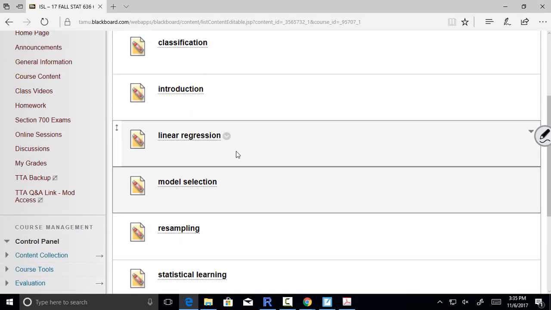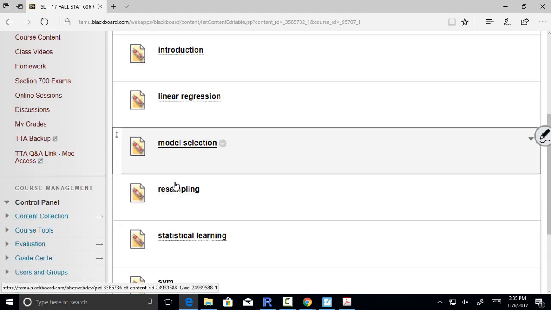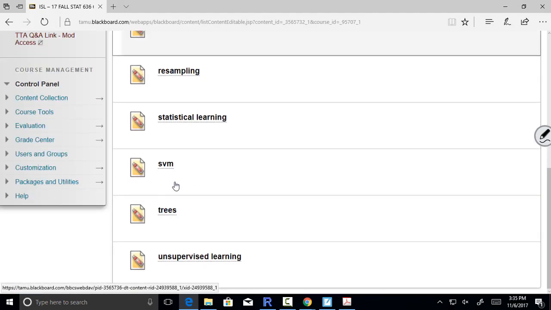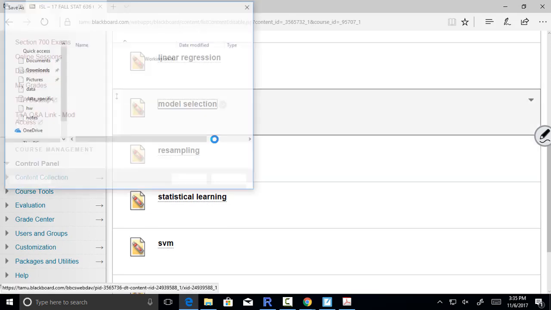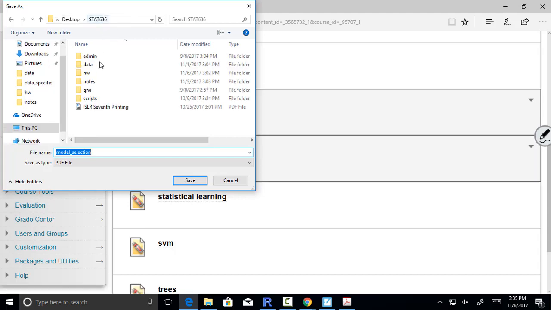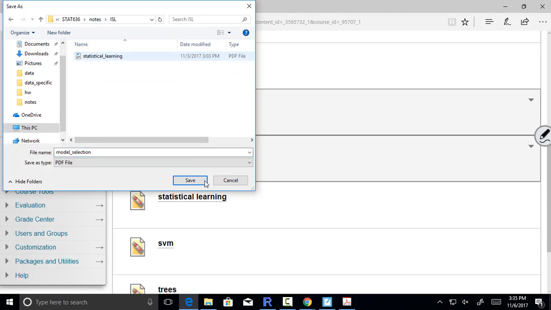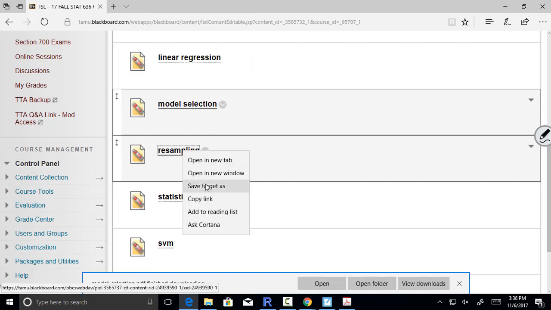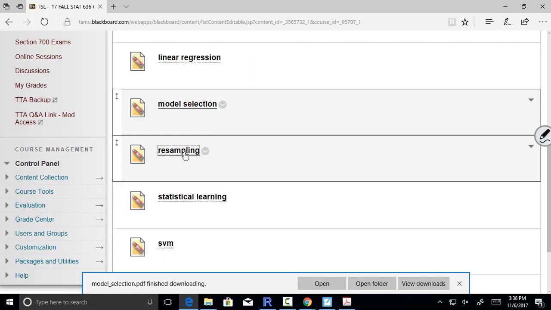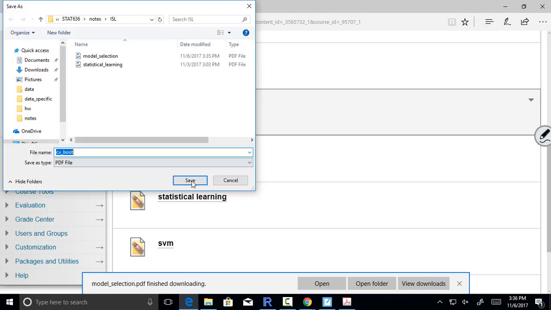How about we do model selection? So I'm going to download the chapter called Model Selection, and I'm also going to download the chapter called Resampling. We'll get to that one soon as well. That's where cross-validation is, in resampling.